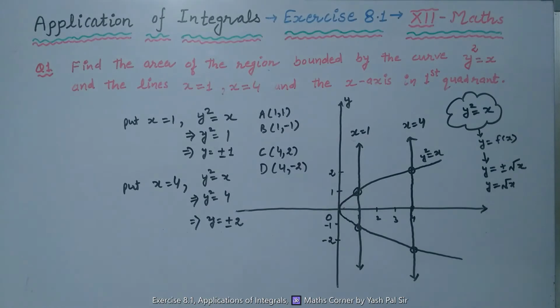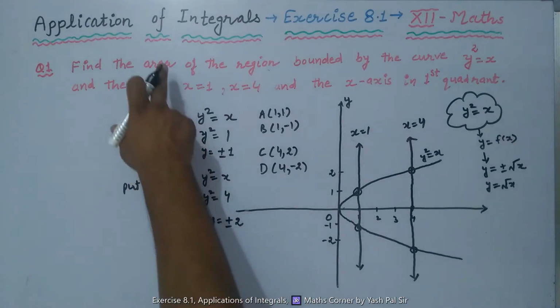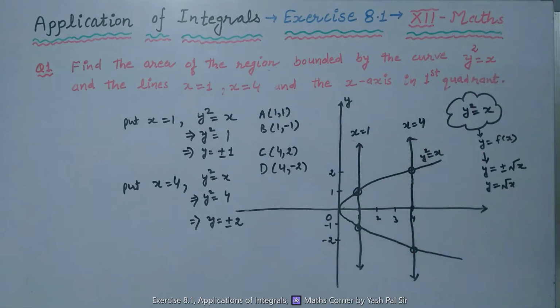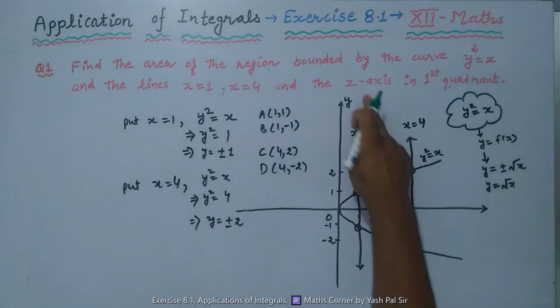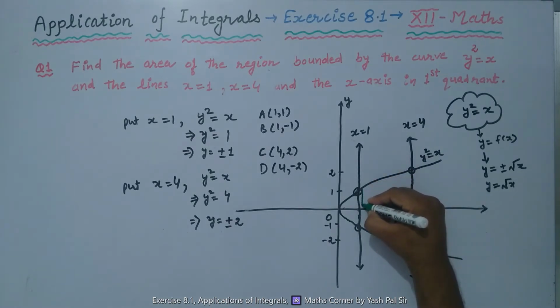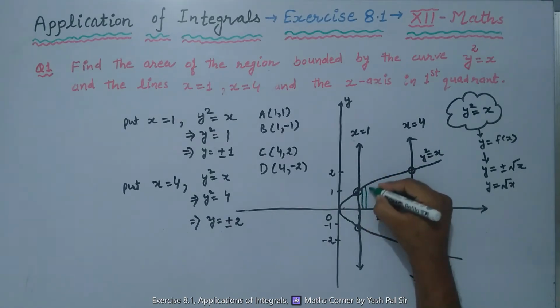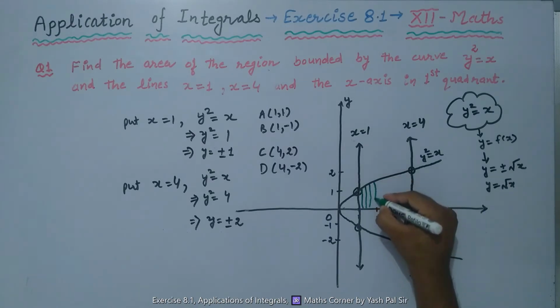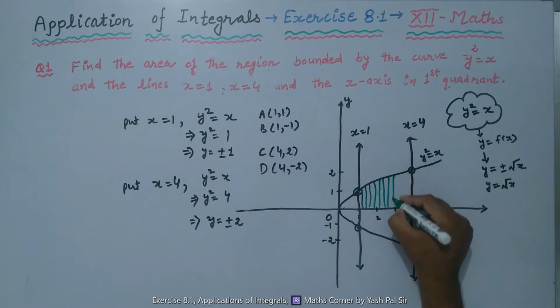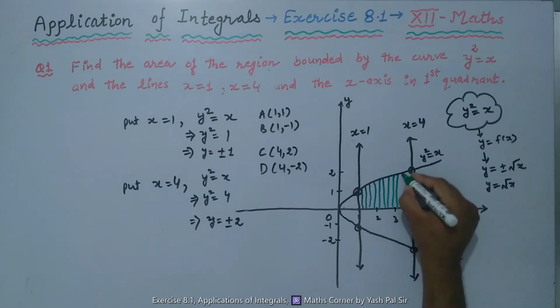So now what is the question? Find the area of the region bounded by the curve y square is equal to x, x is equal to 1, x is equal to 4 and the x-axis in first quadrant. So combined area will be this, which I am going to shade under the curve, under the parabola only up to x-axis.